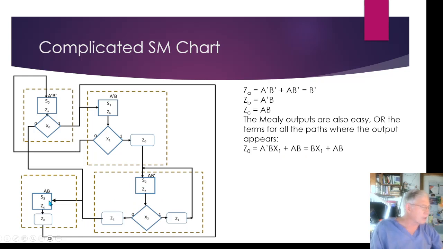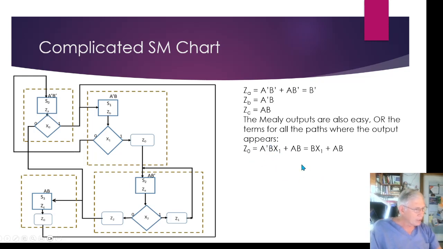Yeah, it appears in S3, and it doesn't depend on X here, so it's just AB. And that simplifies then to B X1 plus AB. Because we have an A prime B X1 and an AB here, you can drop the A prime.